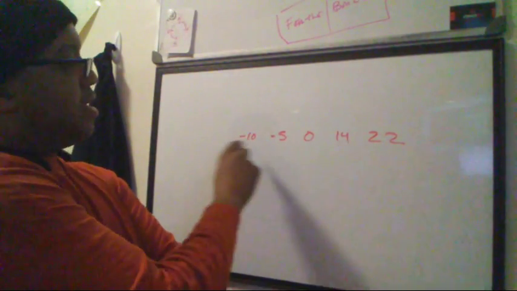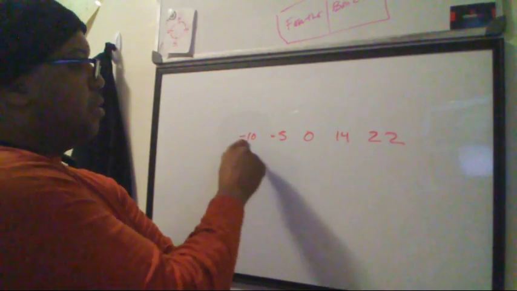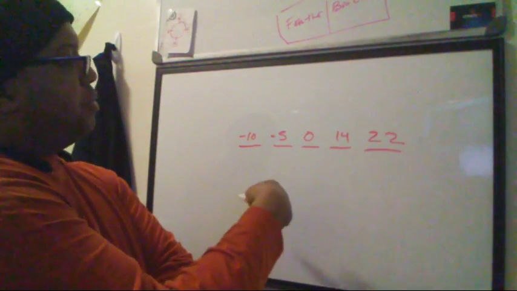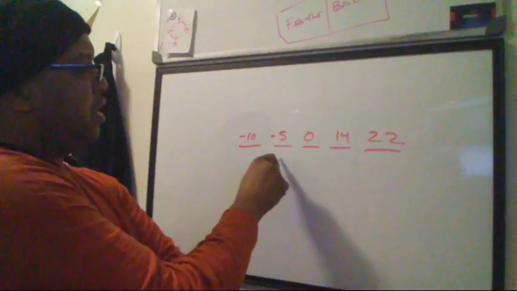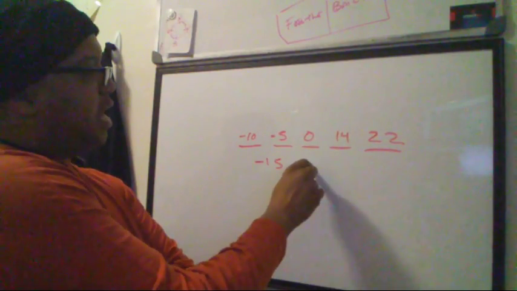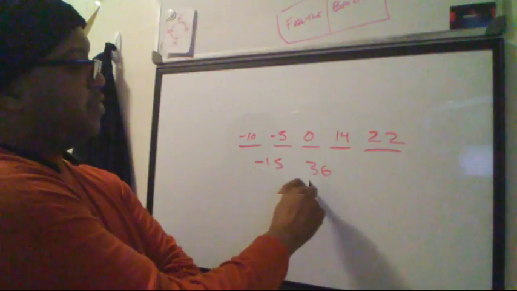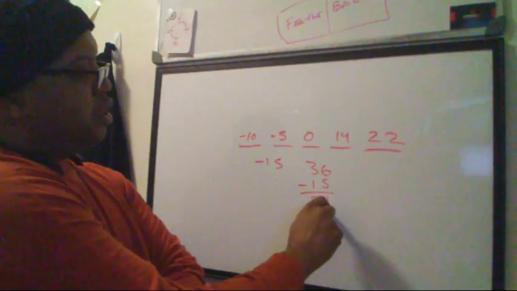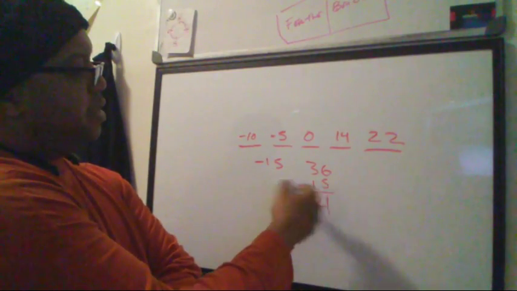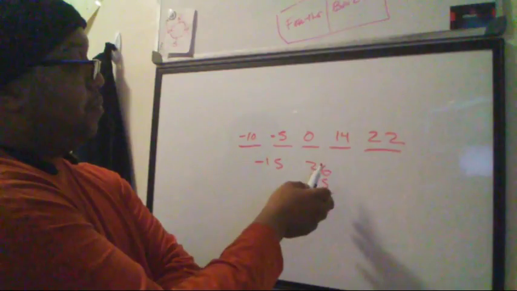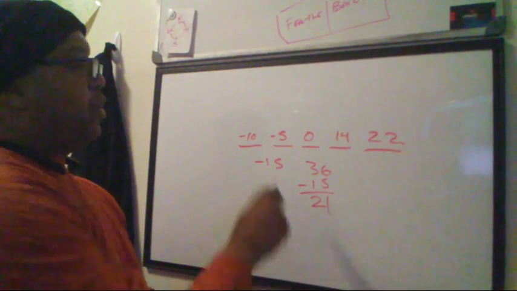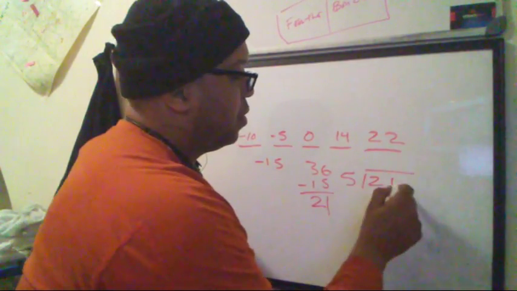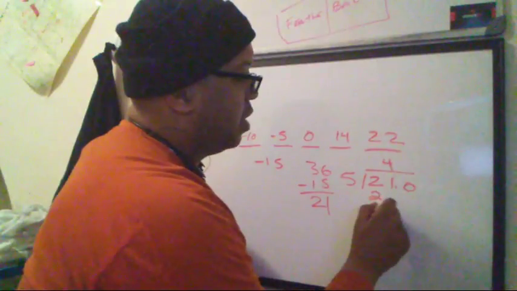You're going to add and consider your negative numbers and deal with them accordingly. So as I add these numbers, I have -15 on the negative side, and then I have 36 on the positive side. So I'll subtract the 15. We get 21. So at this point, we've considered our negative numbers, and we have 5, so we're just going to divide 21 by 5, and it's going to be 4 point something.